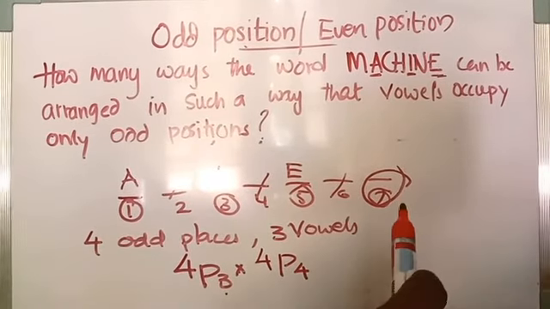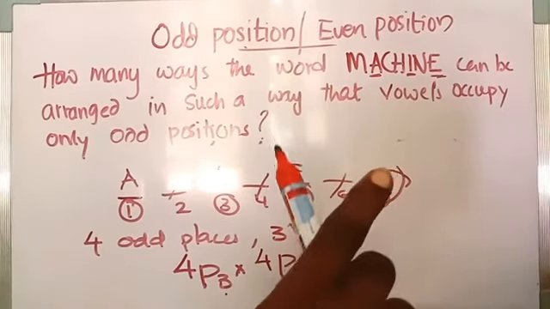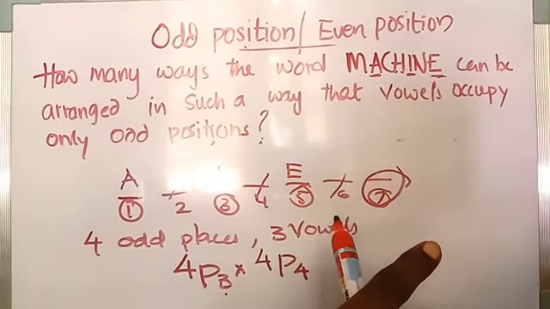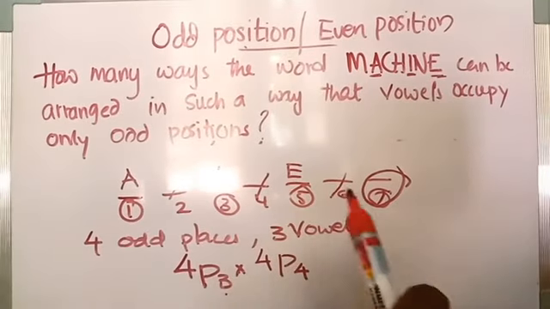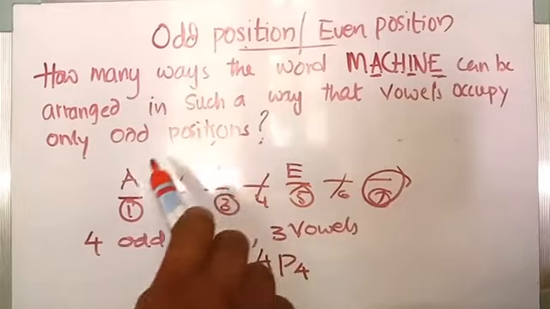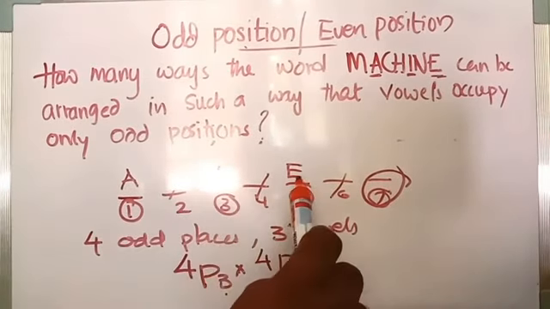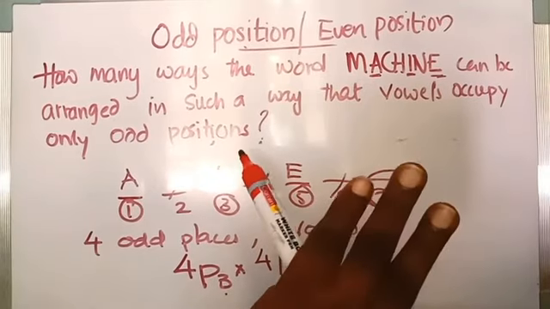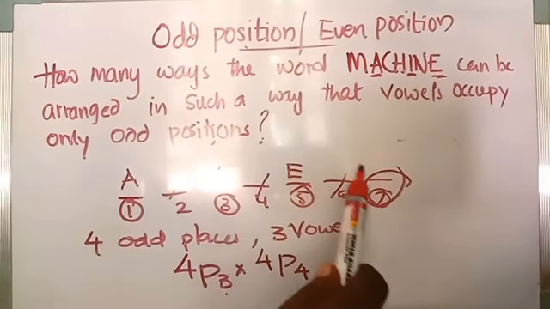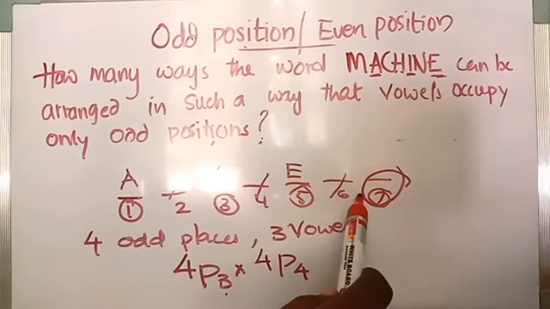So understand the concept. In the previous question there were 3 vowels and 3 places, so we could cover all the odd places. But in this question, we have only 3 vowels but 4 odd places. So these 3 vowels can be arranged in only 3 places. So what about the 4th place? Yes, in the 4th odd place you can arrange anything.